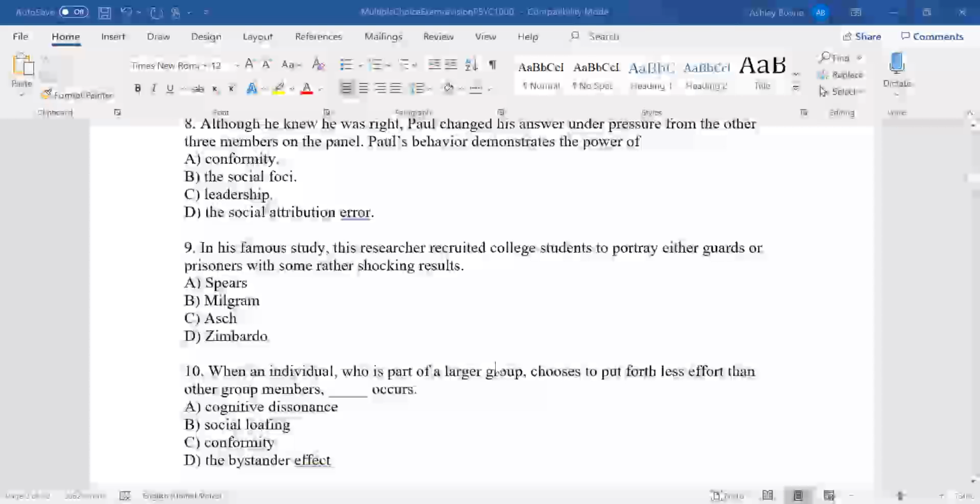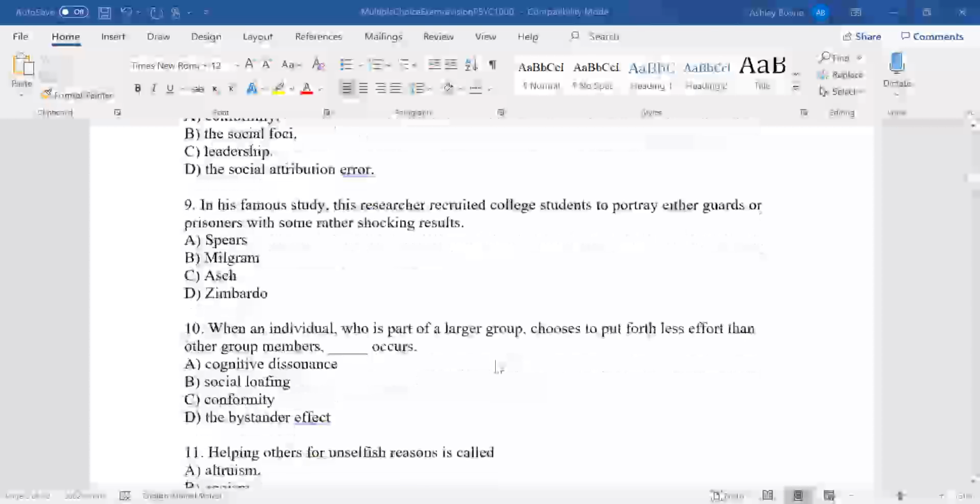He was studying obedience, and he was trying to understand why Nazis did all that horrible stuff. He was trying to study why Nazis were so obedient and did all this horrible stuff, even though so many of them said they were just following orders.